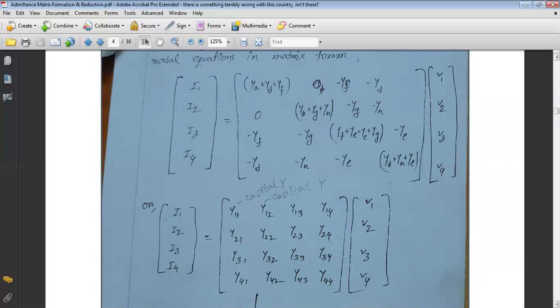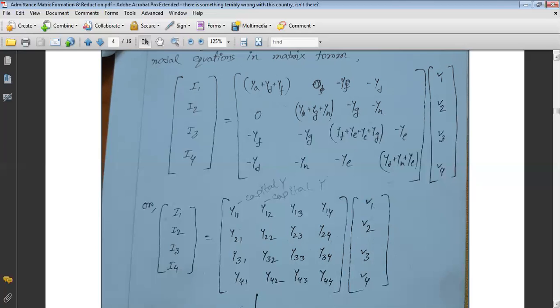So from here, we can draw some important conclusions regarding this bus admittance matrix. If I sum up these conclusions, the first one is that the bus admittance matrix is the connected admittance matrix of the buses of a particular power system network.